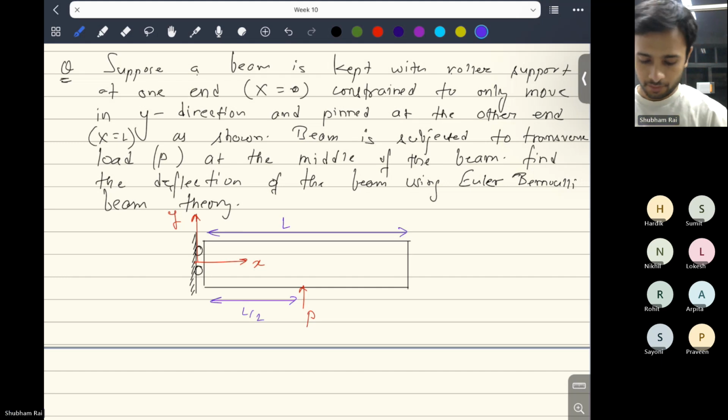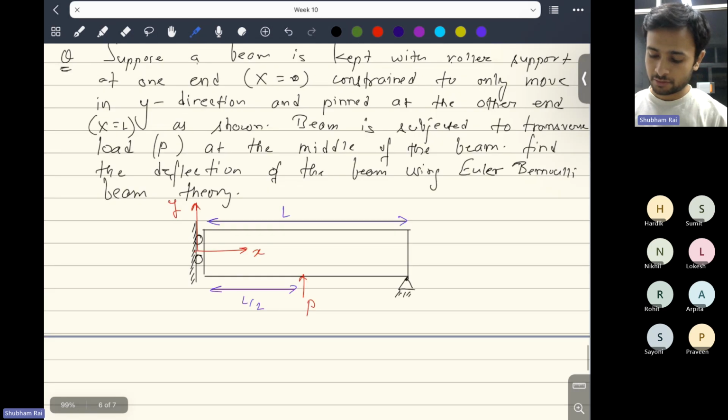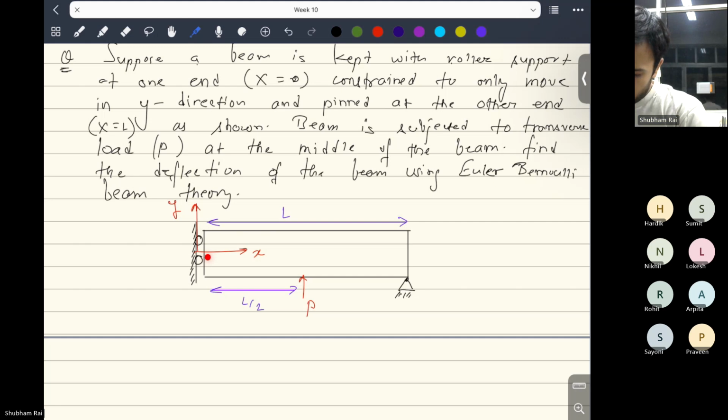Okay. And here there is no deflection allowed, but bending is allowed. So boundary conditions are like at x equal to 0, your deflection is 0. Sorry, you can have deflection, so it is allowed to move in the y direction. So here the slope of the beam will be 0.